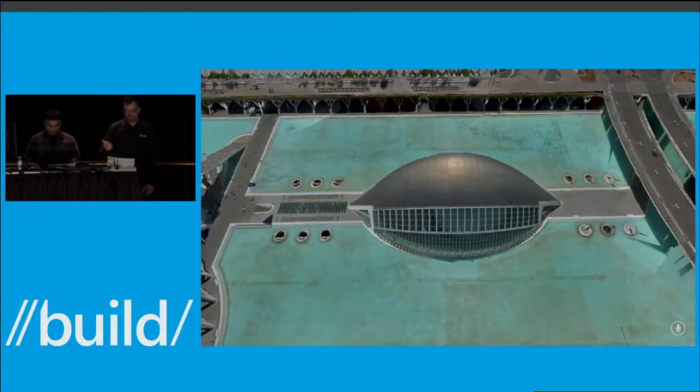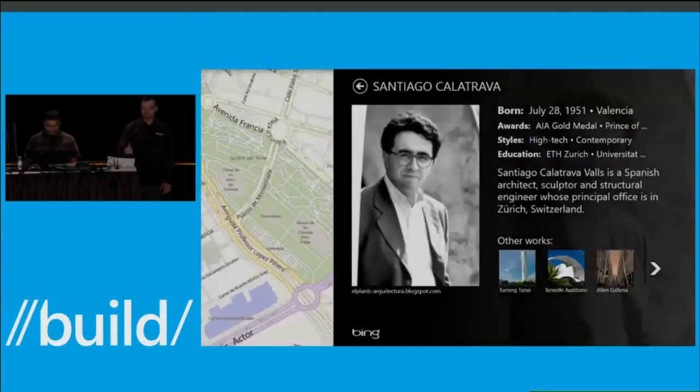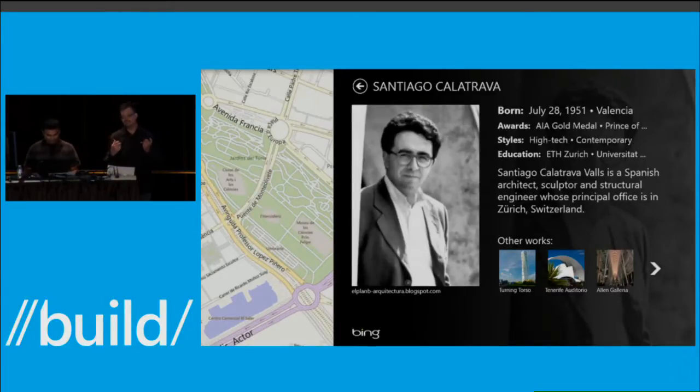And I could use speech and do something like, who is the architect? Please work. Heard me say who is the architect? It's now going to understand my context. It knows I was looking at this building in the City of Arts and Science. It was able to pull back that entity, look at what are the properties on the entity, and understand that the architect for this building was Santiago Calatrava.